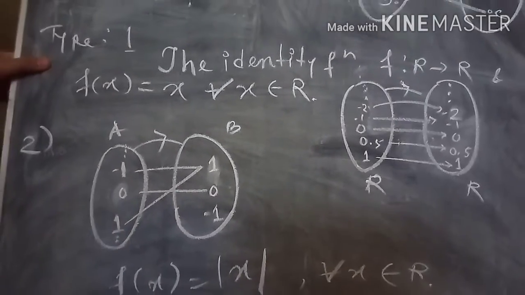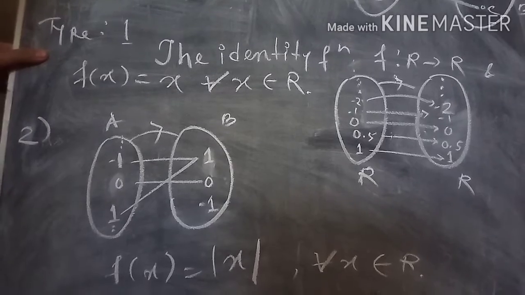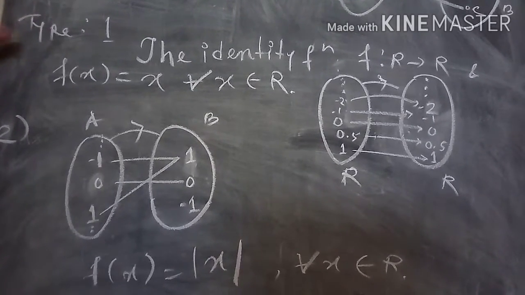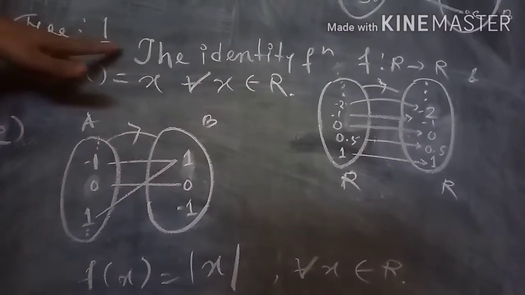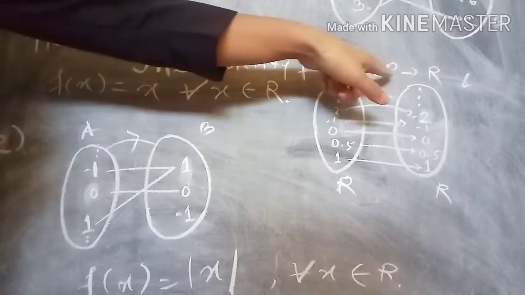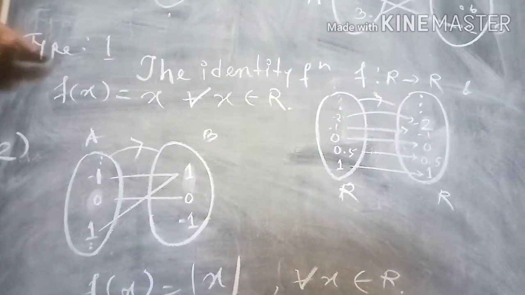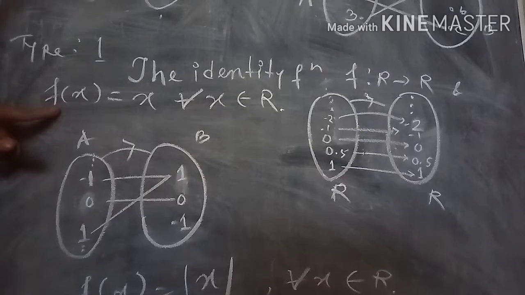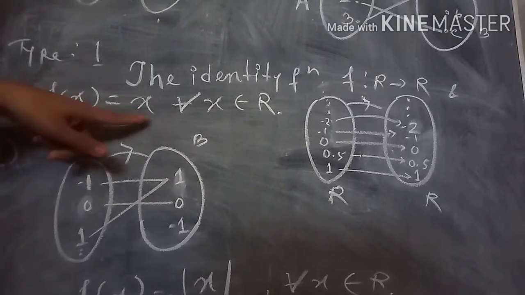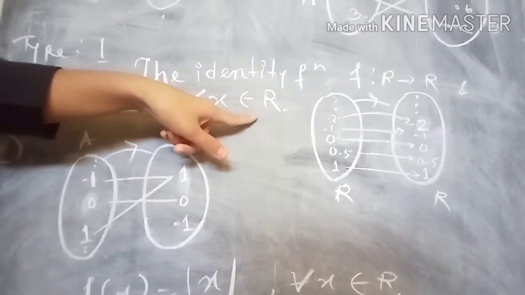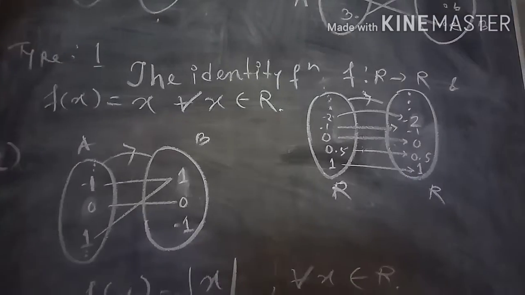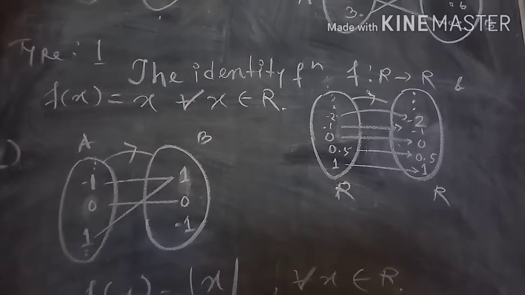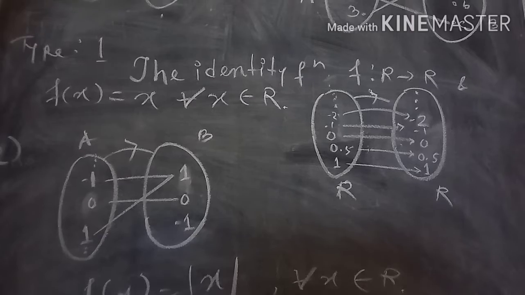In type 1, that is one-one or injective, the example was the identity function f from R to R, the identity map defined by f of x equal to x for all x belongs to R, is an example of one-one or injective function.